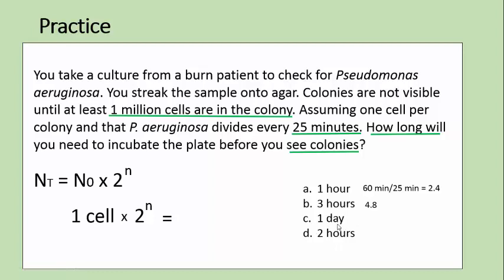There are 24 hours in a day. You times that by 60 minutes to get minutes. You divide that by 25, and you get 57.6. You do the same thing for 2 days. You can take 24, times it by 2 to get the number of hours, 48 hours, times it by 60, divide it by 25, and you get 115.2.